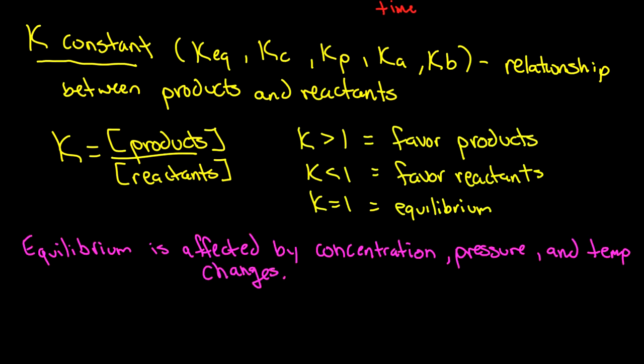And that's going to be called Le Chatelier's principle. We'll get into that more in detail later on. But if you change one of these conditions, it changes your equilibrium point for a reaction.